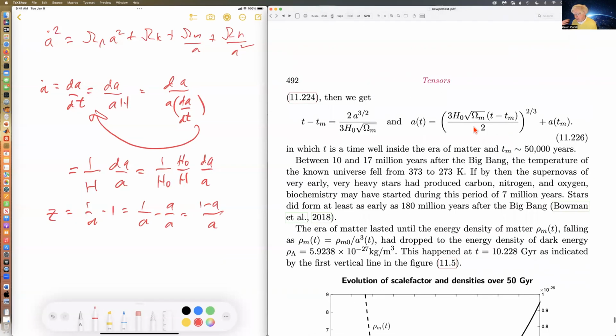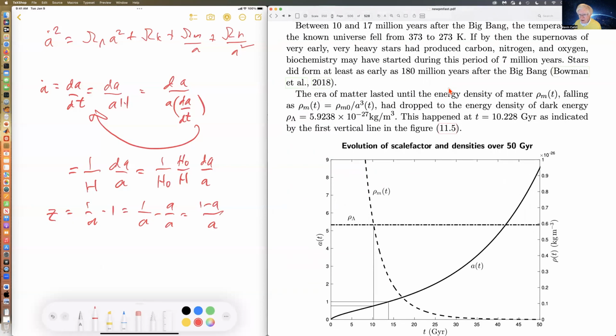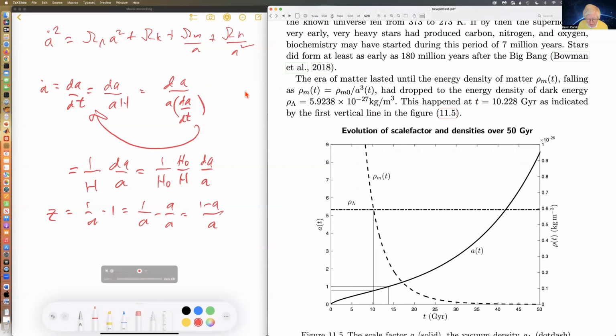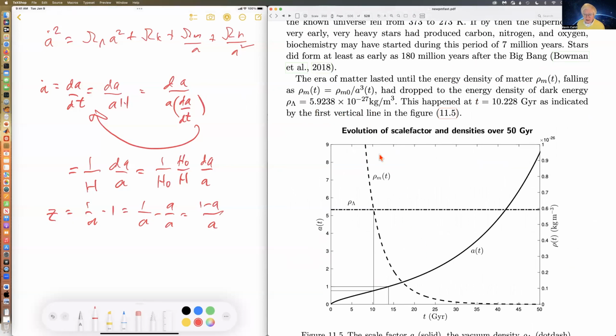On the other hand, once the universe was 10 billion years old, the dark energy became important, and 10 billion years ago it started to importantly accelerate the expansion of the universe.